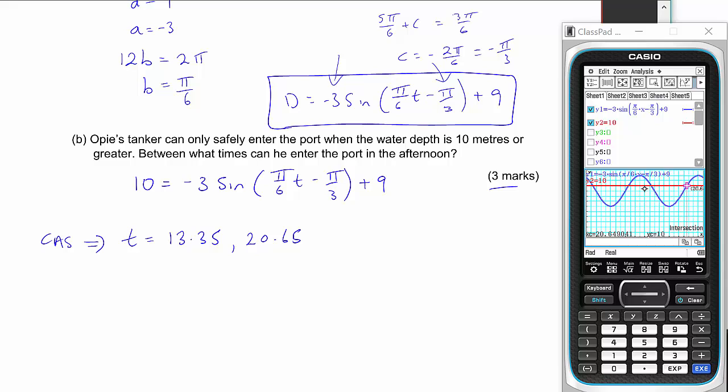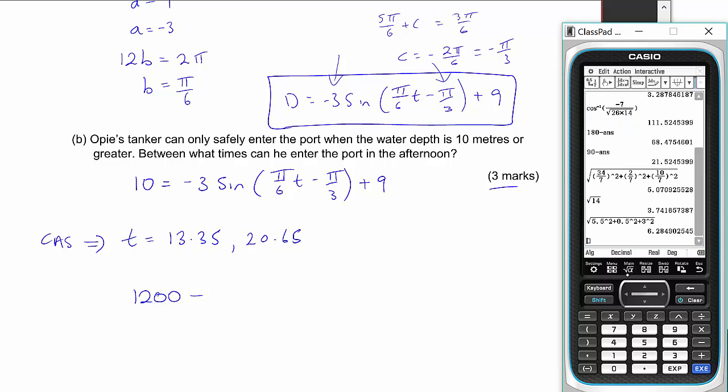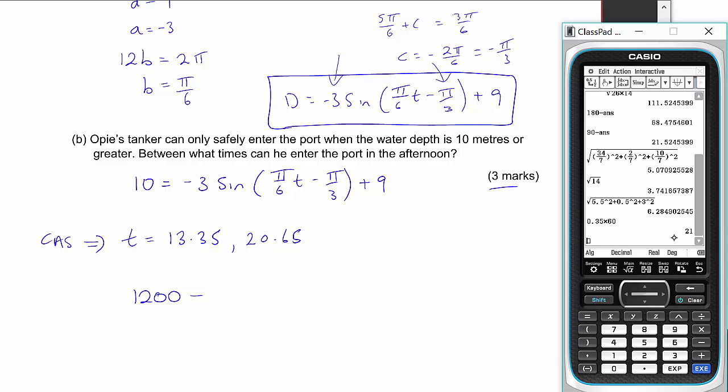Now, from what we can see on the graph, it's from 12 up until this time. So we're going to say 1200. So now remember, this is not 13:35 minutes. So what we're going to have to do is work out 0.35 times 60. So it's 21.